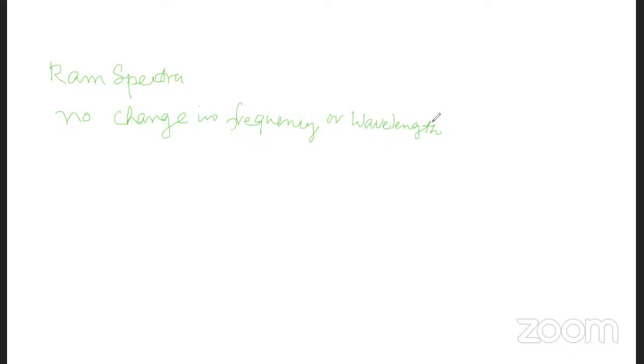The lines on the low and high frequency sides of the Rayleigh line are called Stokes and anti-Stokes lines respectively. Rayleigh observed no change in wavelength or frequency, but here Sir C.V. Raman observed a change.